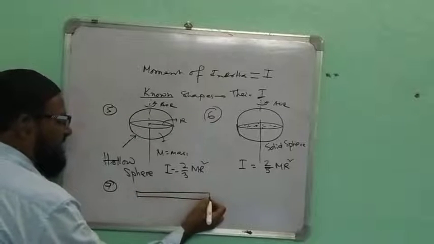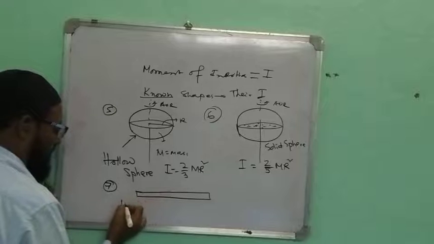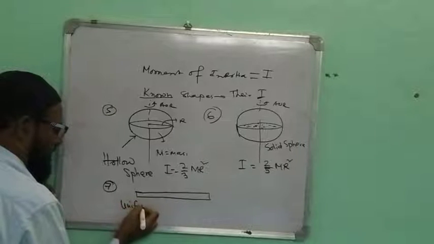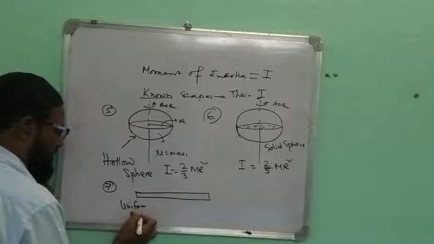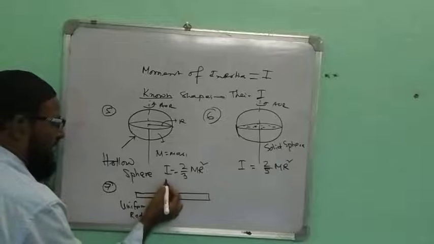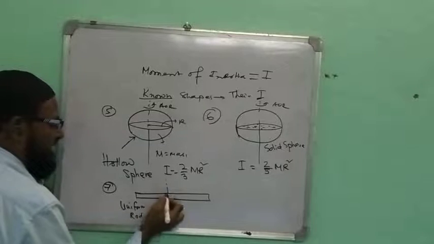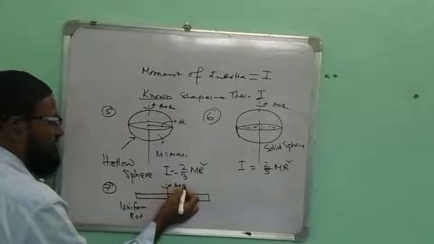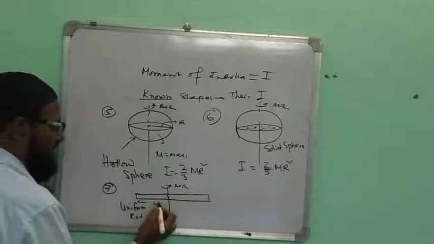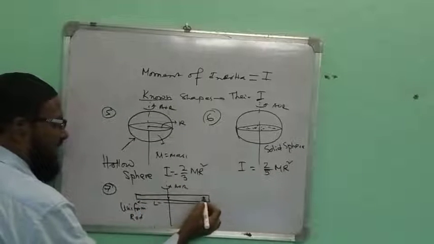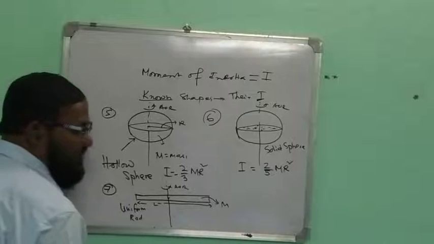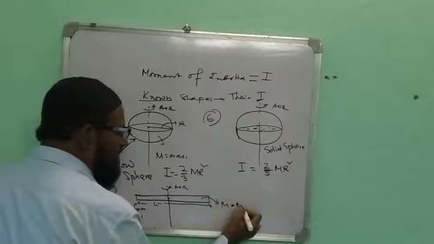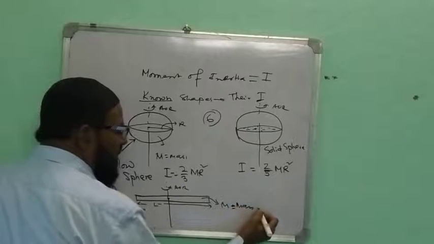This is a uniform rod. From here, this is the axis of rotation, and from here to here this is L, and M is the mass of the whole rod.